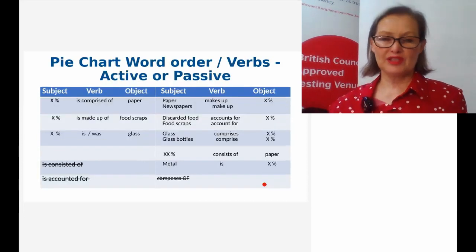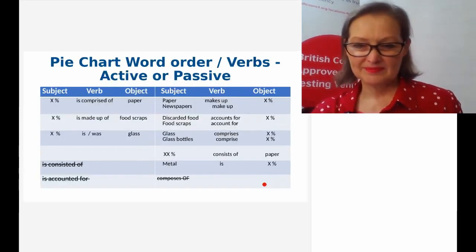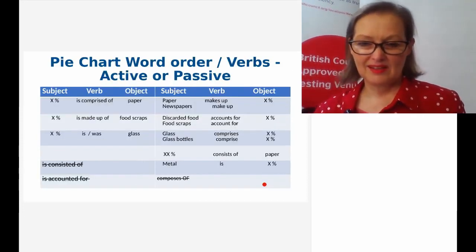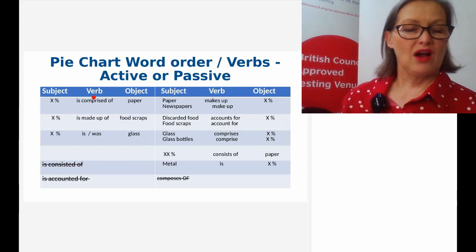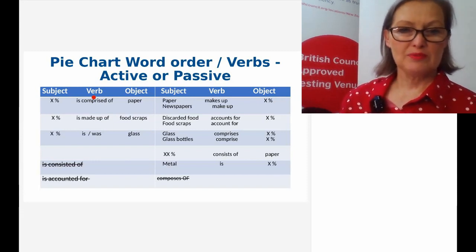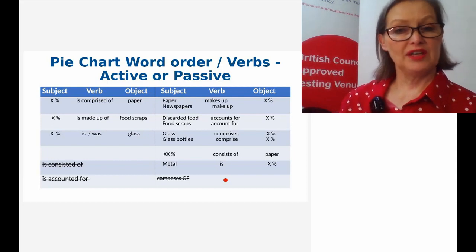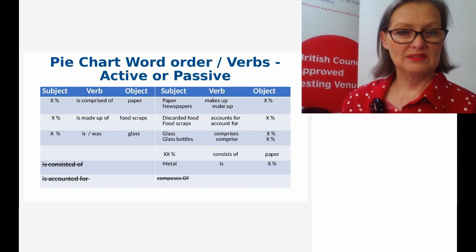So here we've got them together. I'm just going to extend that. So on the one side, we've got my verb in the passive form. And on the other side, we've got my verb in the active form.